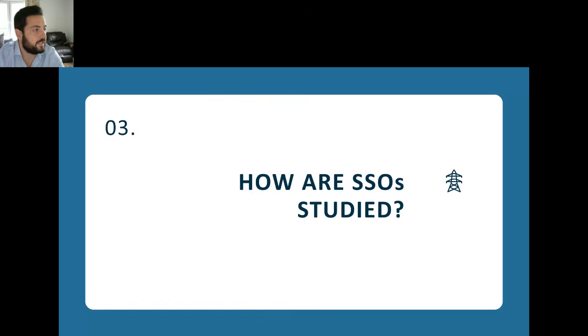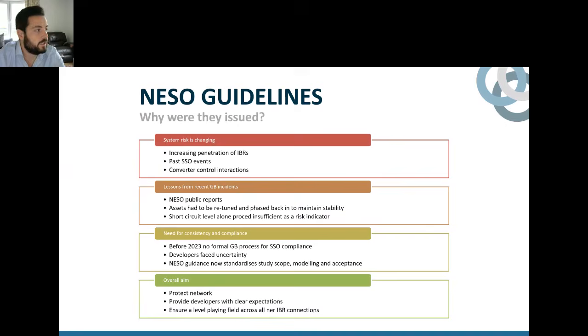So how exactly are subsynchronous oscillations studied in the UK? NESO has some guidelines just now. And as you've seen in the previous slides, this is a recent event when it comes to inverter-based resources. So NESO was looking at the past, at lessons learned. They thought, okay, we need a methodology, we need a guideline to study these oscillations, because the system risk is changing.